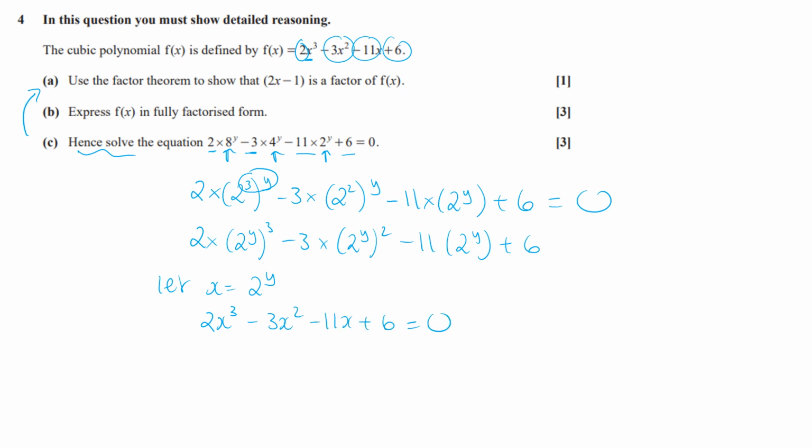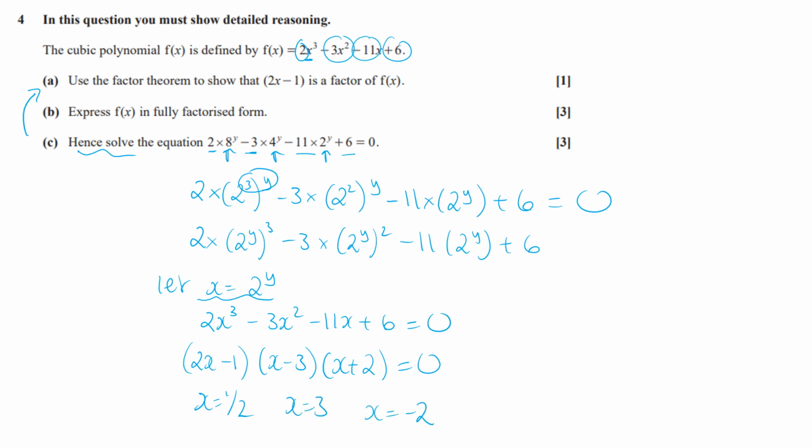And what was that in factorized form? It was 2x minus 1, x minus 3, and x plus 2. So in factorized form in terms of x, but we've used this substitution in order to get the factorized form. So here x would equal a half, x would equal 3, or x would equal minus 2.